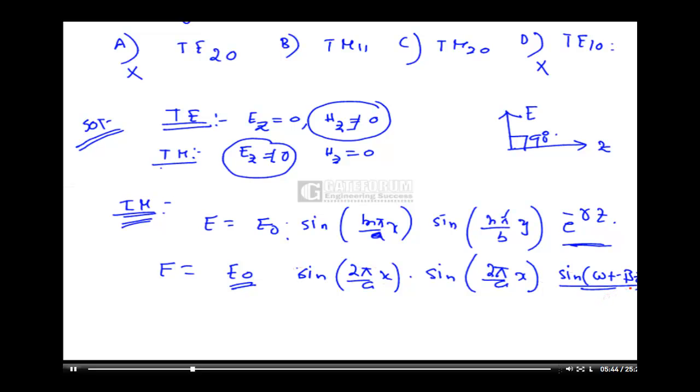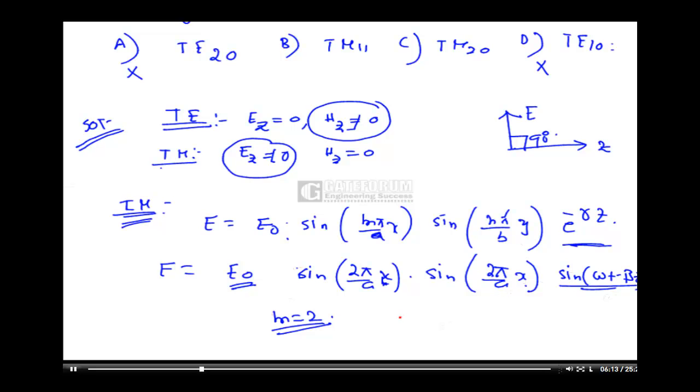If you compare with the original standard equation, sine m pi by a x, here 2 pi by a x, so m is equal to 2. But here again 2 pi by a x, whereas it should be n pi by b y, so you cannot compare this.